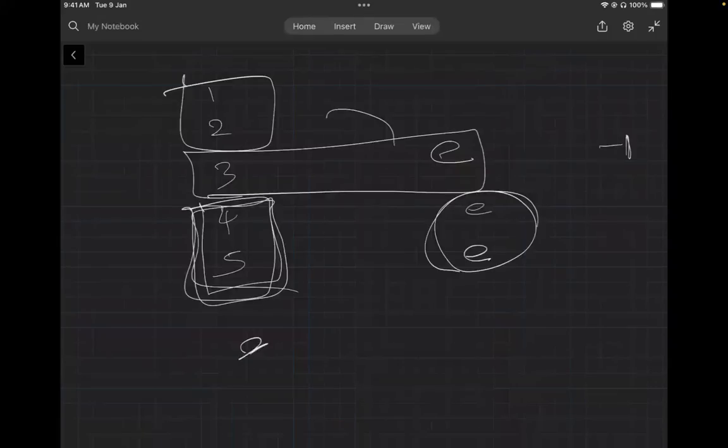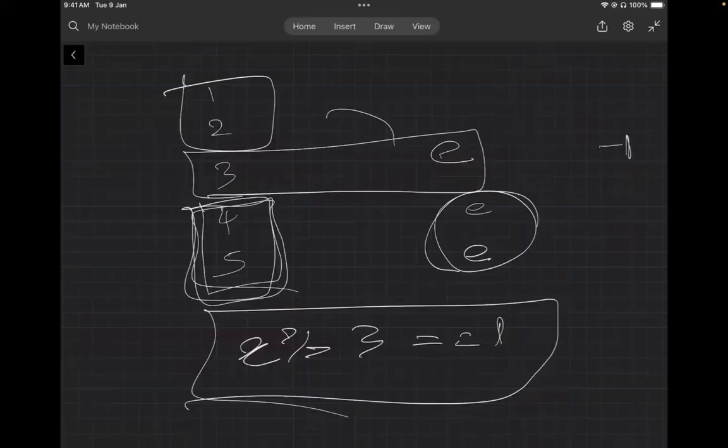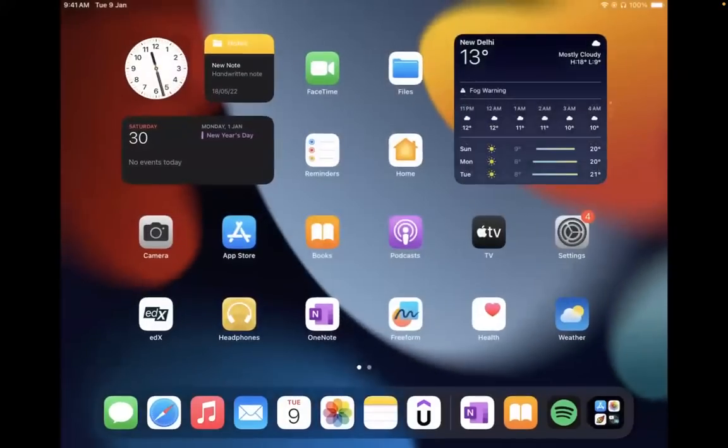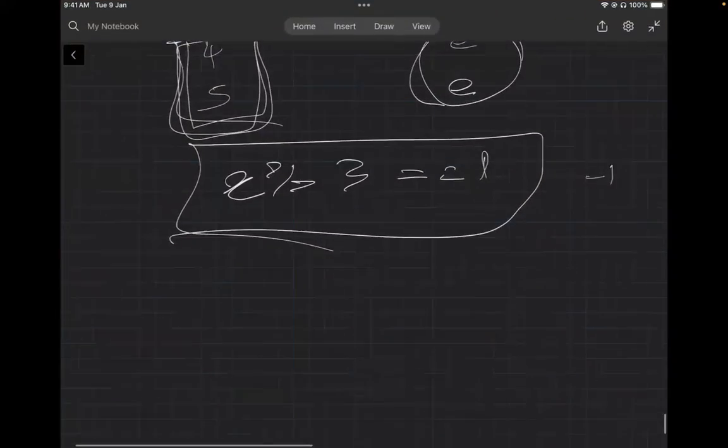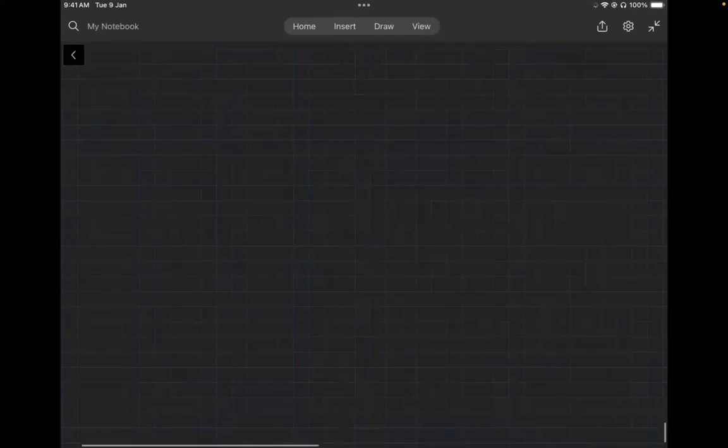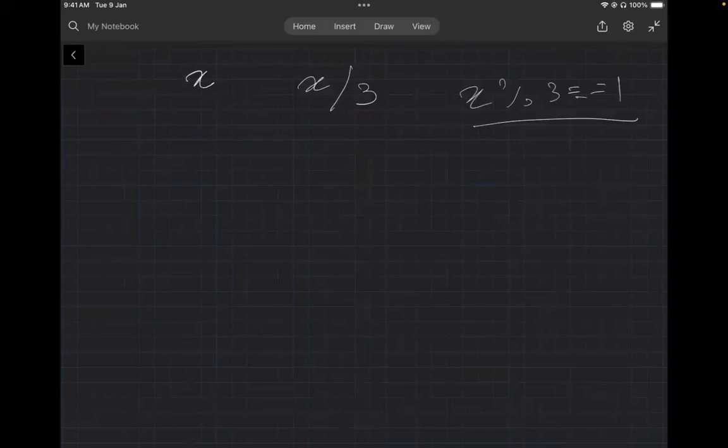So only when x modulo 3 is equal to 1, we are forced to do that extra -1 operation. So what did we understand? If there are x odd numbers, the sum will reduce by x by 3. And if x modulo 3 is equal to 1, then the sum will reduce by an extra 1. Is this much clear, guys? Yes or no, guys? Tell me.